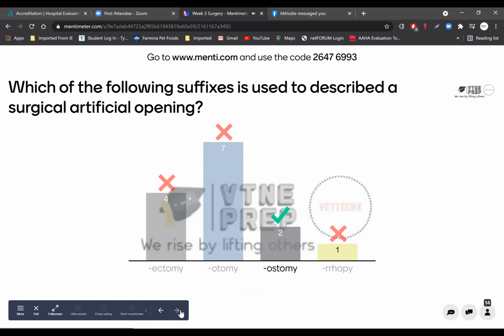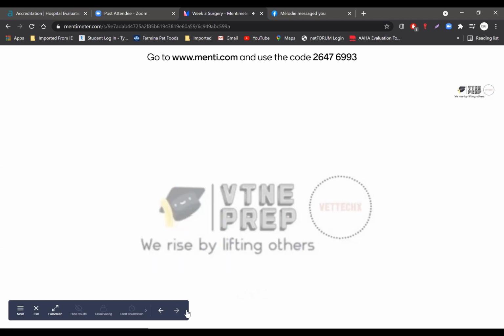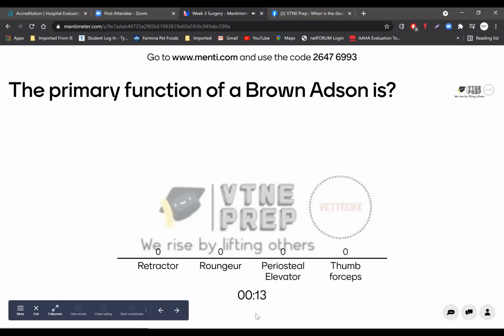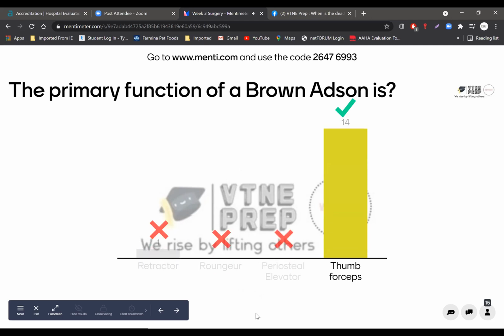Very good. Very good. Yes, thumb forceps. So Brown-Adson are thumb forceps. Very good.